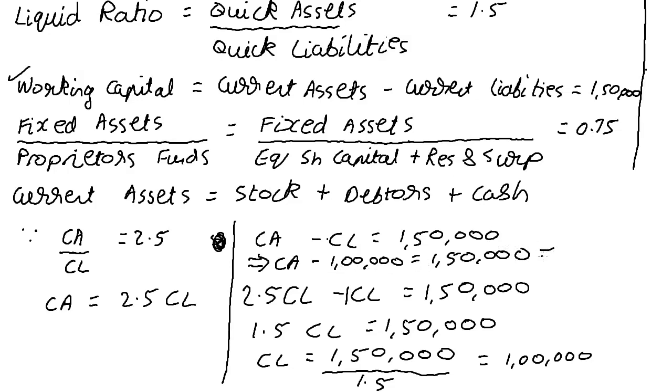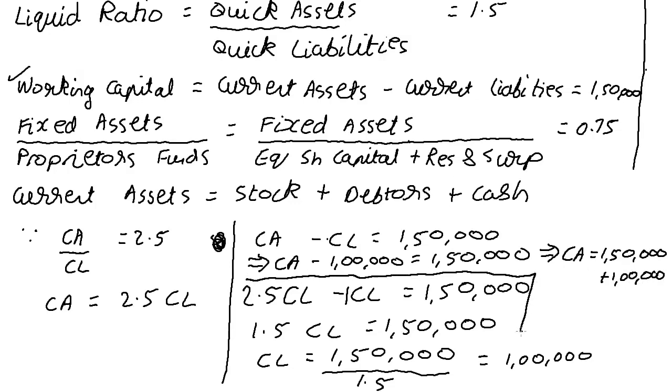Therefore current assets is equal to 1,50,000 plus 1 lakh, and therefore current assets is equal to 2,50,000.